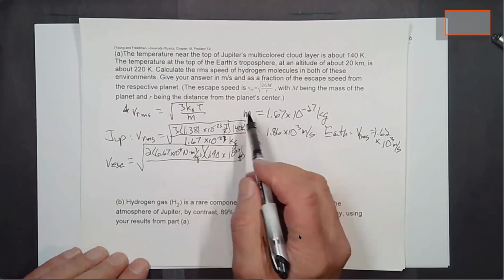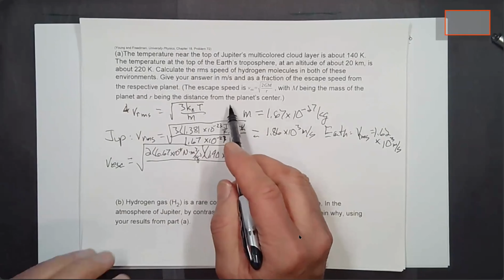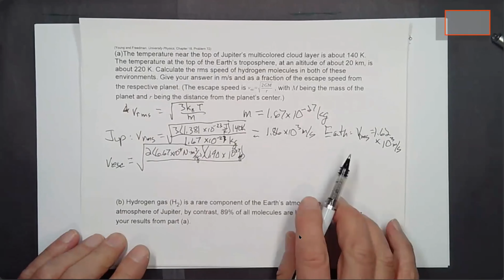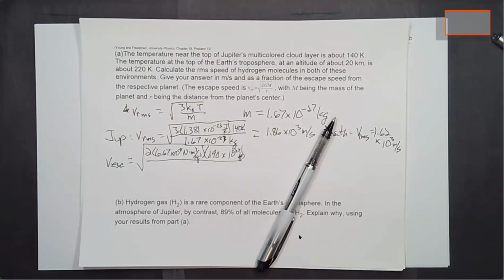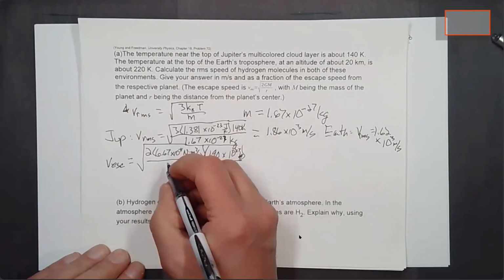And I have to talk about R being the distance from the planet's center. I'm just going to use the radius of Jupiter, the top of its clouds, I guess, 6.91 times 10 to the 7th meters.